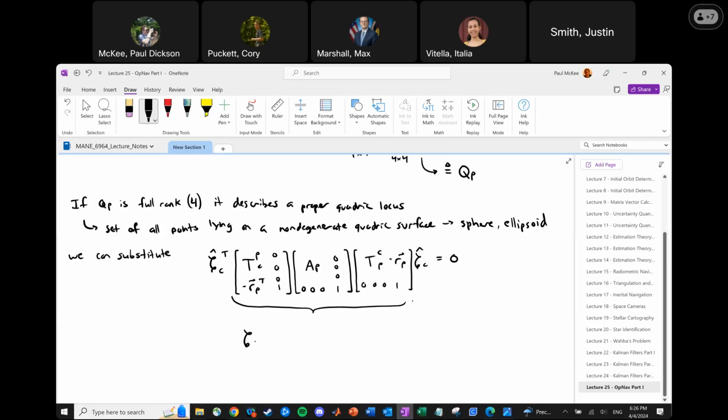So we're going to get zeta transpose times some big matrix, which looks like T_P to C A_P T_C to P, negative T_P to C A_P R_P, negative R_P transpose A_P T_C to P, and R_P transpose A_P R_P minus 1.